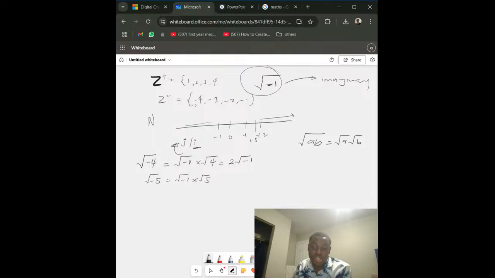So anywhere you see a root minus 1, just think of it as I, or as J, which means in this video, I'll probably just stick with I. So this is the same thing as 2I, and this is the same thing as root 5 I, or I personally like keeping the I behind the number if it's a root. Okay, I root 5.